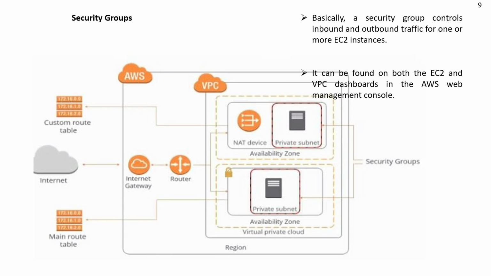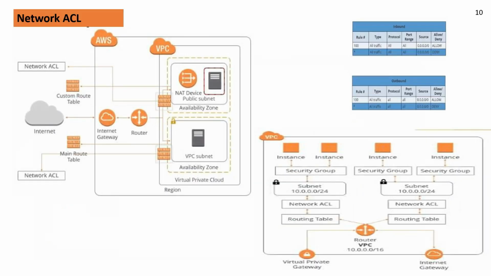So basically, security groups control inbound and outbound traffic from one or more EC2 instances. We have to identify what kind of applications are running and which ports are allowed to access your application. So we have to specify the permission for these ports which can be allowed to connect to your EC2s.